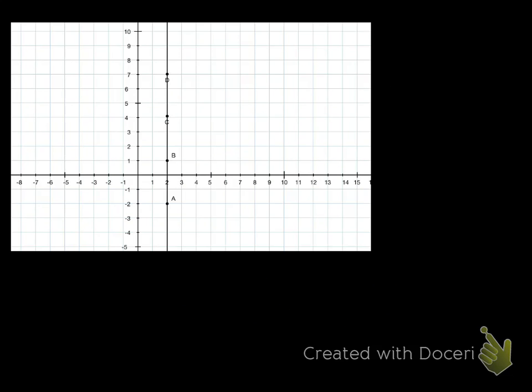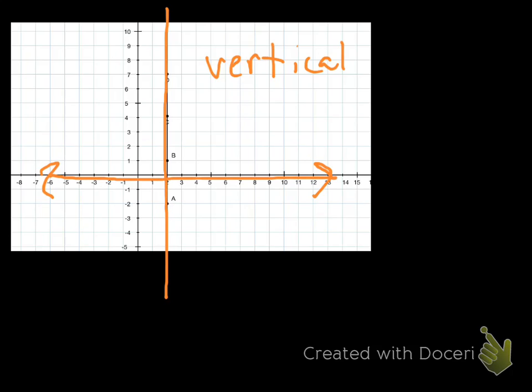Now this one's a little bit different. This is a vertical line, and all vertical lines have a slope that is undefined. Think about it: if you're walking along at a zero slope, and then as you're increasing, it goes up, and if you're decreasing, it goes down.